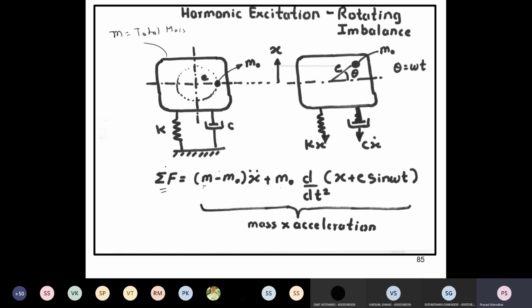Now this is moving up. Motion is upwards. So kx and cx dot are in downward direction. So both will be negative. So the equation becomes minus cx dot minus kx is equal to m minus m0 into x double dot plus m0 into derivative of that expression, x double dot minus e into omega square sine omega t.